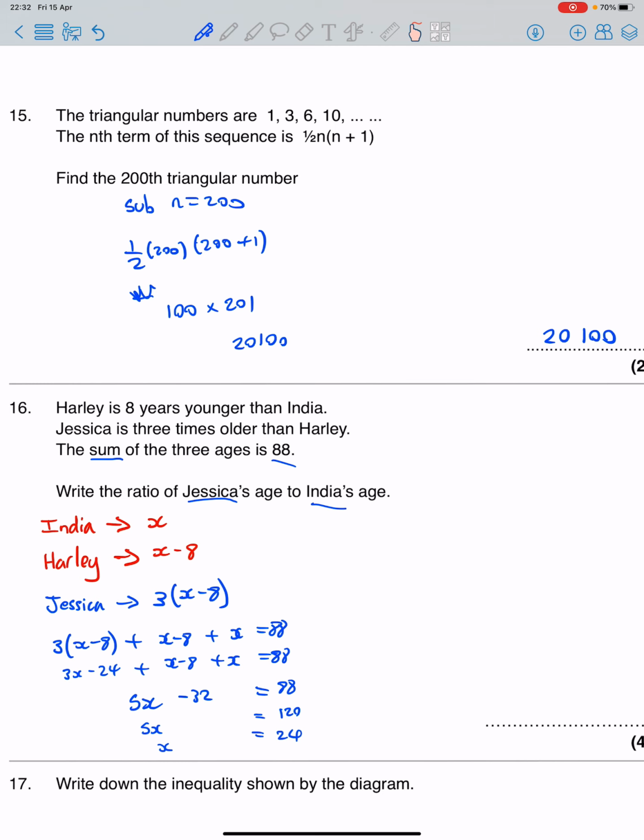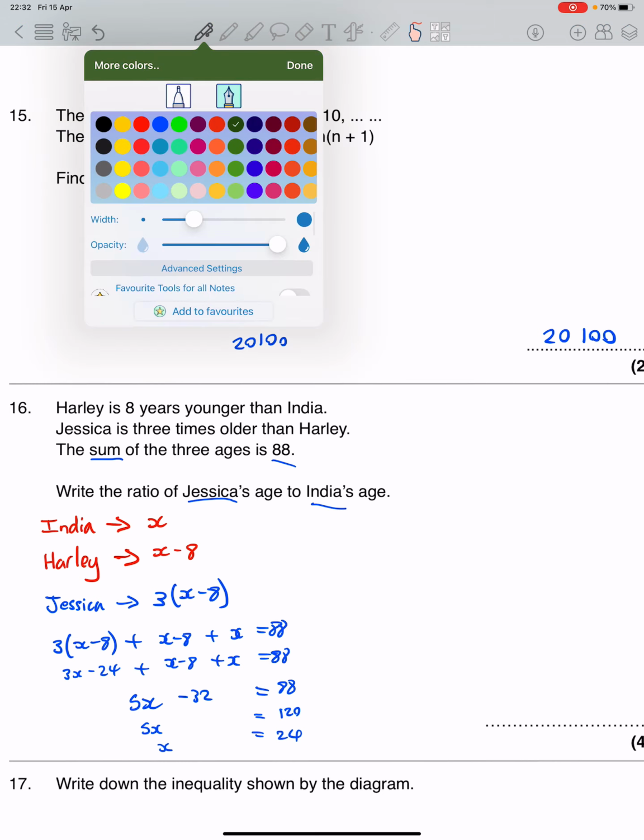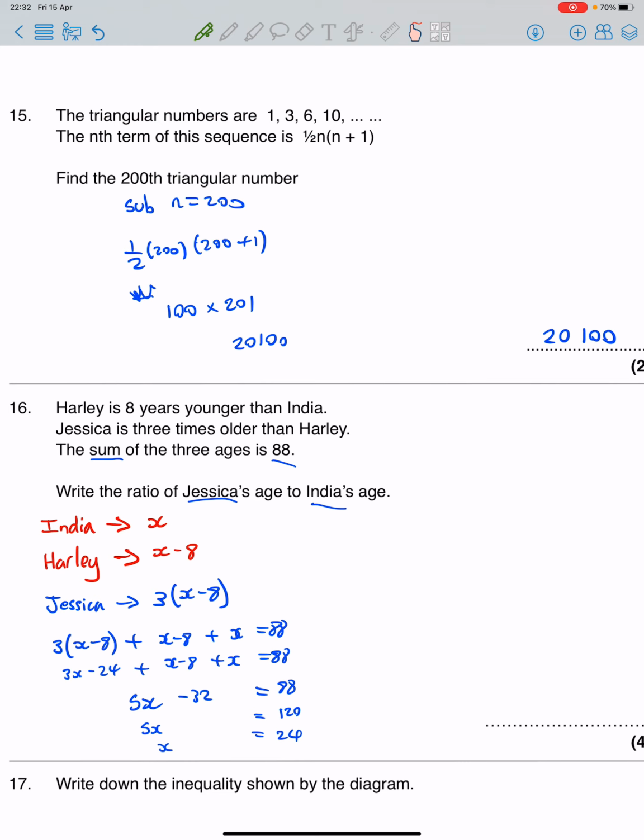Now, if x is equal to 24, that then means that India is 24 years old. Jessica is going to be, well, if Harley is going to be x minus 8, so that's going to be 24 minus 8, which is equal to 16.